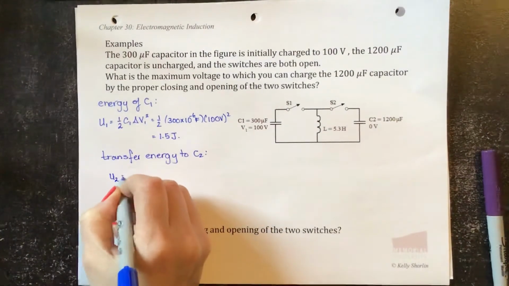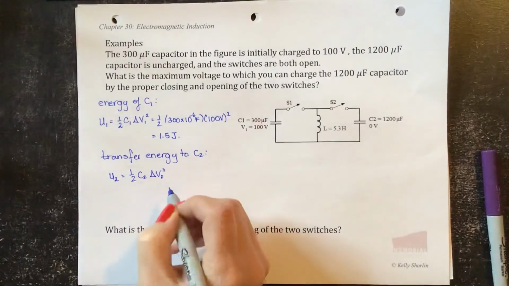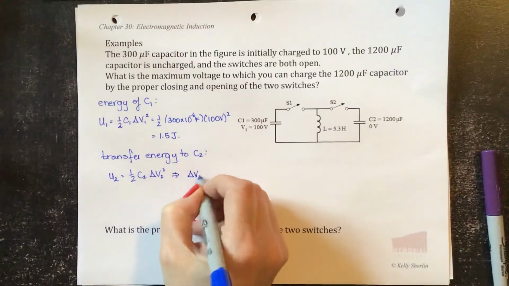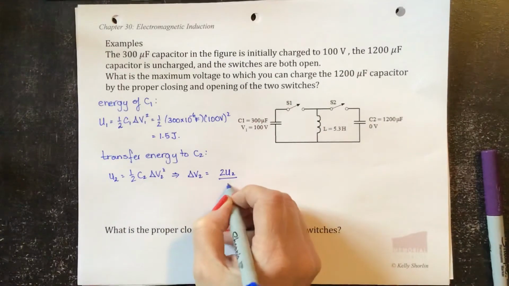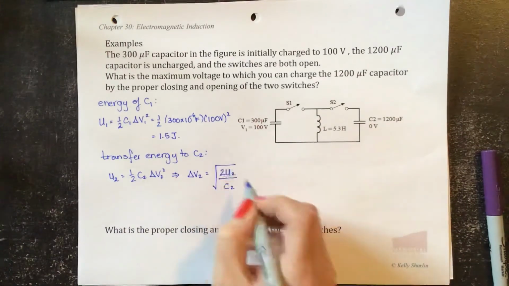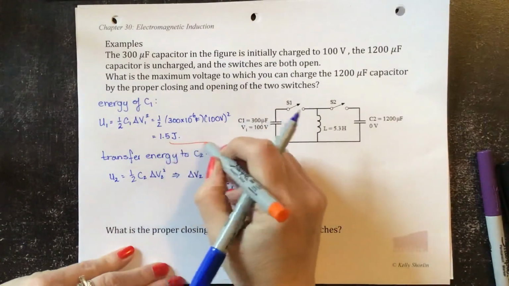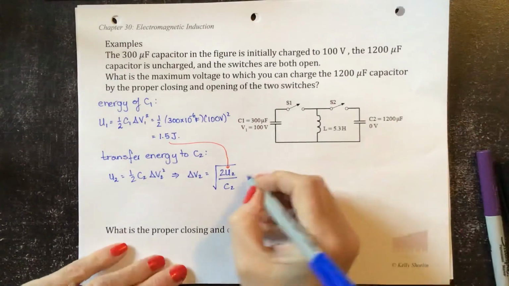So U2 is 1/2 C2 delta V2 squared. This time we're trying to find delta V2. Delta V2 is 2 times U2 divided by C2, and then we have to take the square root. Remember that U2, all of the energy has been transferred, so U2 is 1.5 joules.